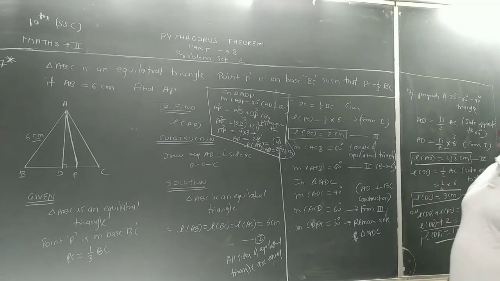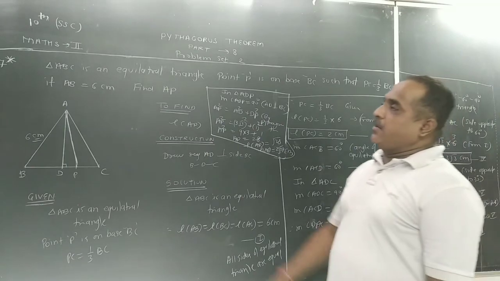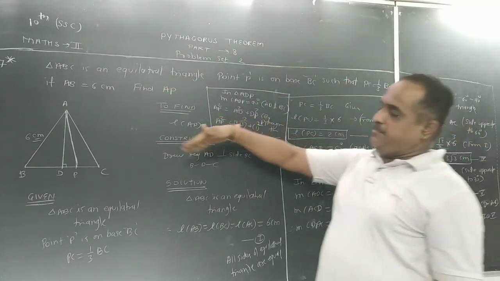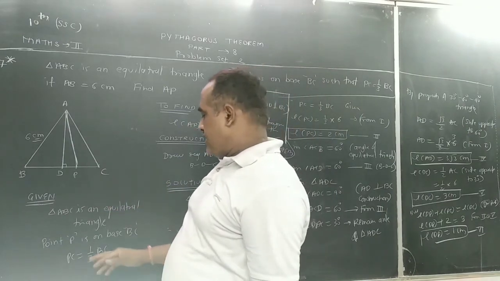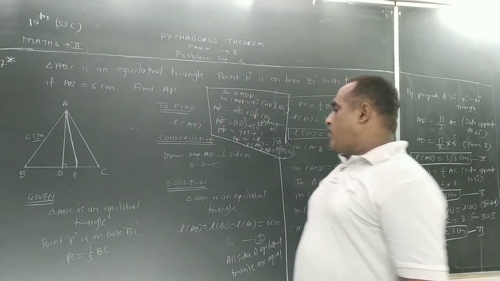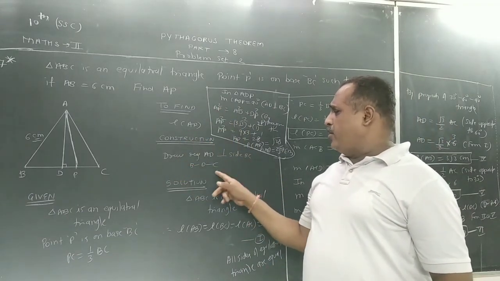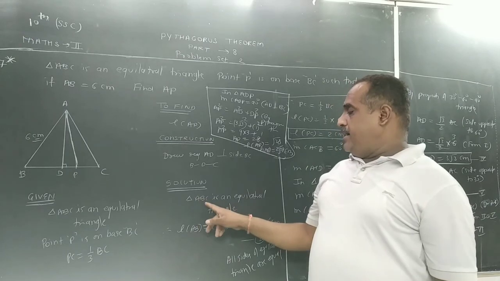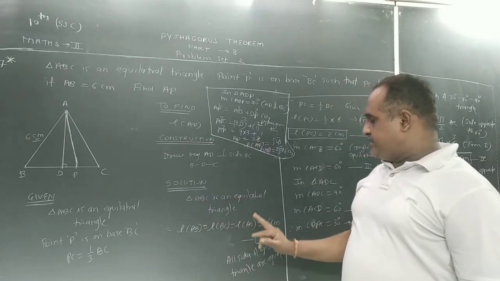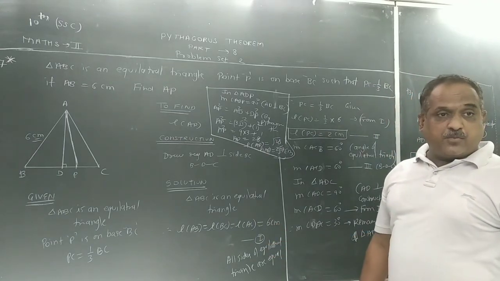I'll do it once again. See once again what we are going to do. Triangle ABC is an equilateral triangle, P is on side BC, and PC is 1/3 of BC. So for construction, I drew AD perpendicular to BC. In triangle ABC, equilateral, AB is equal to BC is equal to AC is equal to 6, that is equation 1.